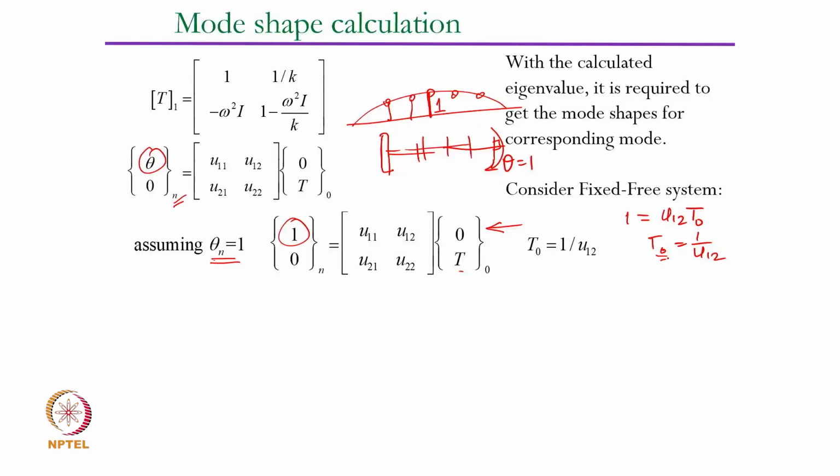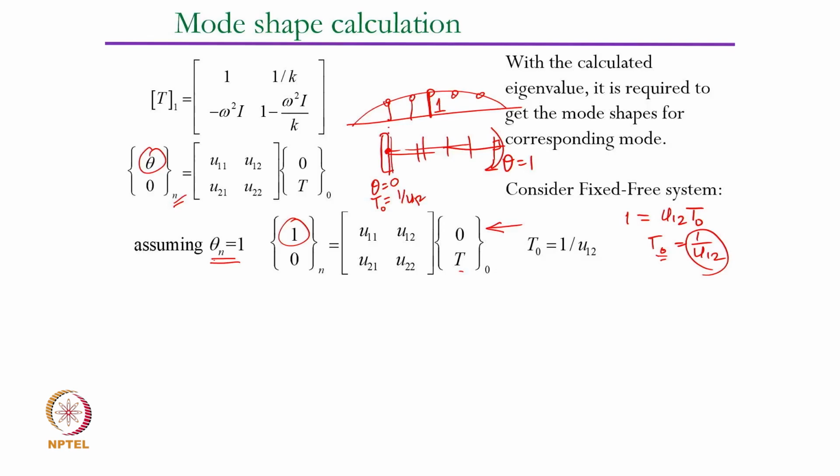Now in the fixed free condition, theta was equal to 0 and torque was not known, which was T naught, which you have now found out to be 1 by u12, which actually means that the state vector here is completely known, right?